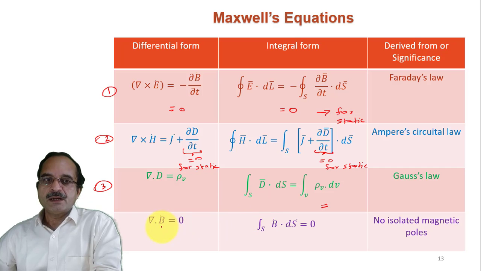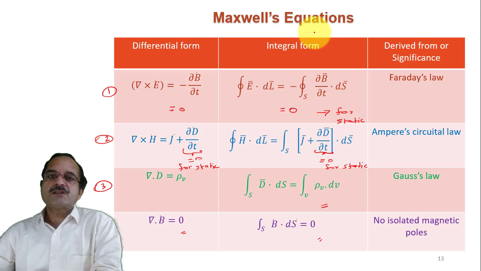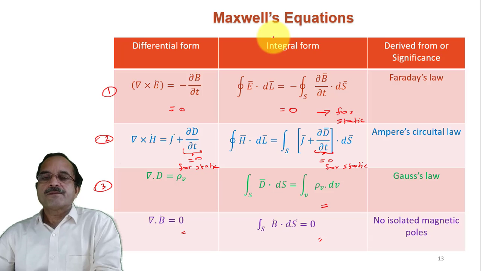That is divergence of B is equal to 0, the point form, and the surface integral B dot ds is equal to 0, which is the integral form. Again, in case of static fields, it remains same. So these are the 4 Maxwell's equations for time varying fields as well as for static fields. These are the Maxwell's equations which are in general applicable anywhere.